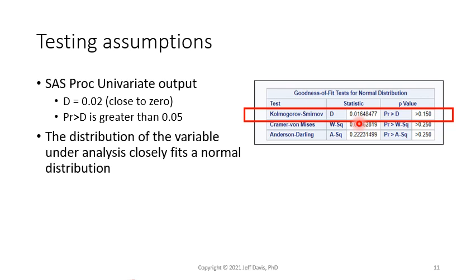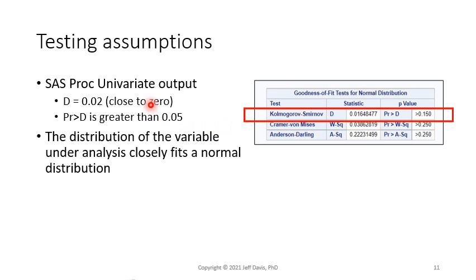Then we take a look at Pr greater than D. Here we have a value of 0.15, which is larger than 0.05. So in this case, what it's saying is that the data, compared to a perfect normal curve, matches up with it pretty closely. Because if D is 0, it's a perfect fit.